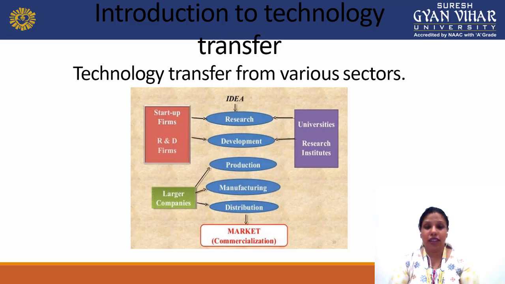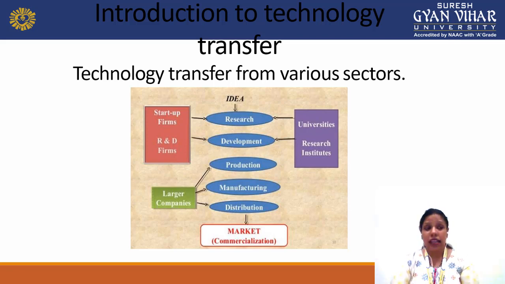We have already discussed that in the pharmaceutical industry, from the idea of a product to the final commercialization, the technology transfer process is involved. In research, the startup firms and R&D firms are there. Universities and research institutes do some research and develop some kind of product from the idea.